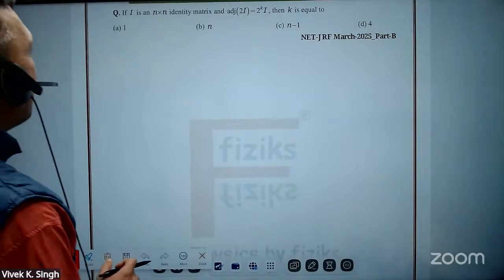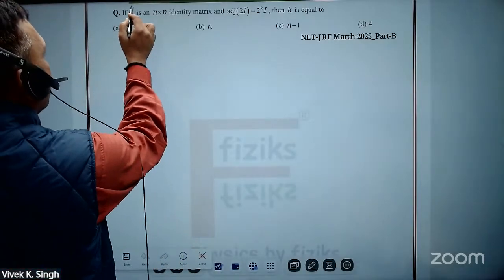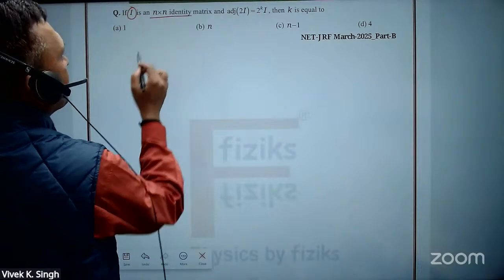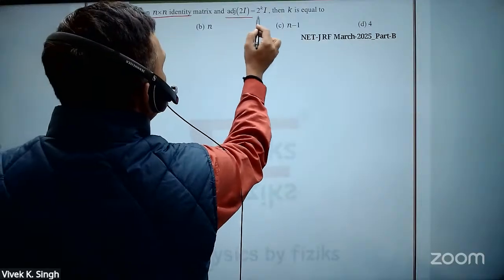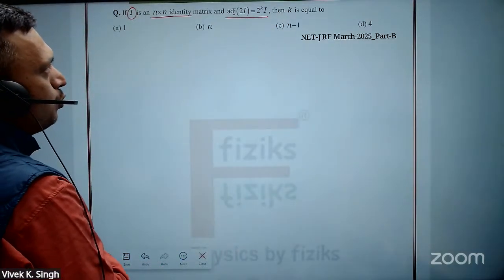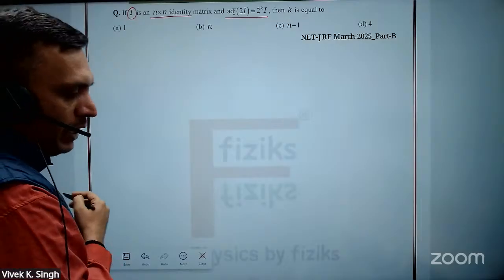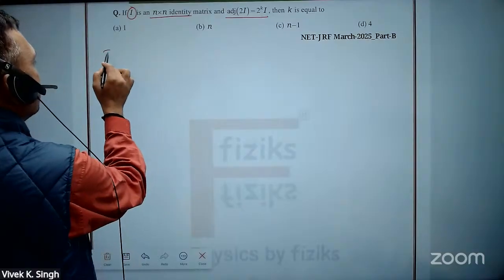Now, I is an n cross n identity matrix. This is an identity matrix. And it is given that adjugate of twice of I is 2 power k I. Then what will be the value of k? So what is the adjugate of a matrix?